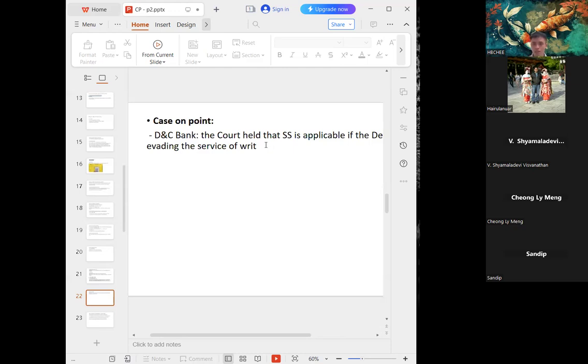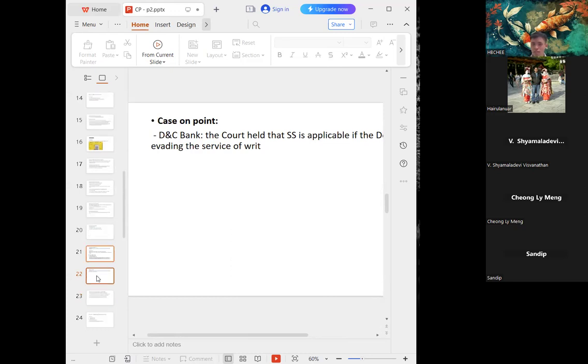They will ask anyone living with them to come out and say, hey, this person is not at the house. Orang ini tak ada dalam rumah. But you can see that his car is there. This is the thing, because the intention of the defendant is evading the service of writ. So you must know by way of SS.